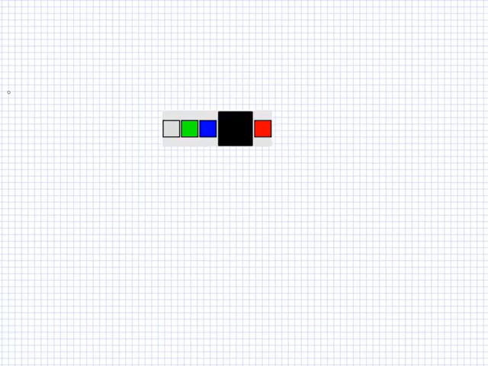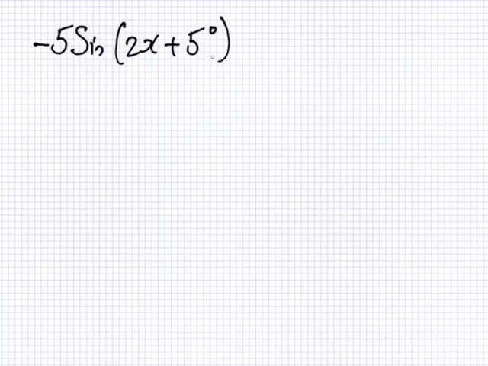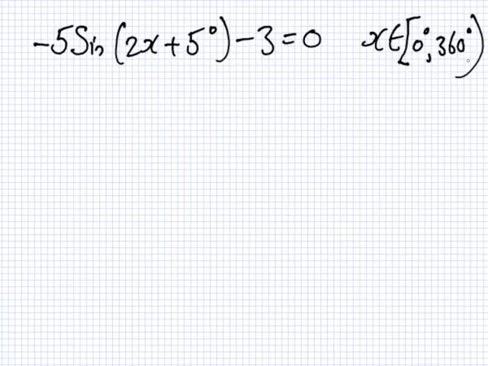Okay, so let's have a look at an example. Let me show you the process. Let's pick something like minus 5 sine 2x plus 5 degrees minus 3 equals 0. And here we'll say x is possibly between 0 and 360 degrees.